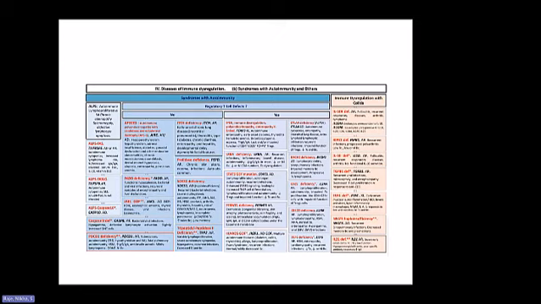Then you have your ALPS, autoimmune lymphoproliferative syndrome. Here there is autoimmunity and lymphoproliferation, as the name suggests. Defect is in FAS or FAS ligand. Remember, these are germline defects that we are talking about, but FAS can also have somatic defects where the defect is only in T cells, and if you just check your blood test, it may come back normal.